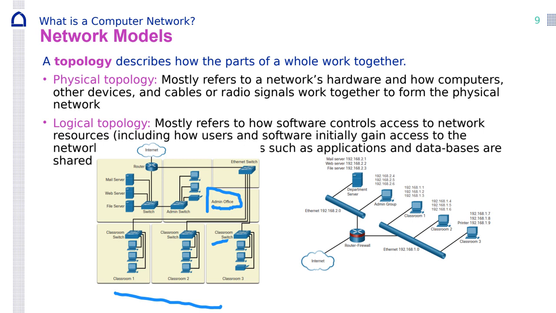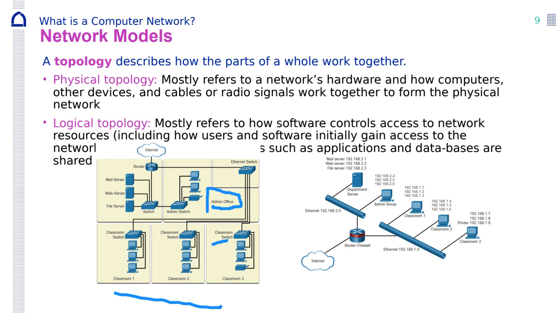The logical topology mostly refers to how software controls access to network resources, including how users and software initially gain access to the network. So here you will have IP addresses. We have IP addresses. We have connection.